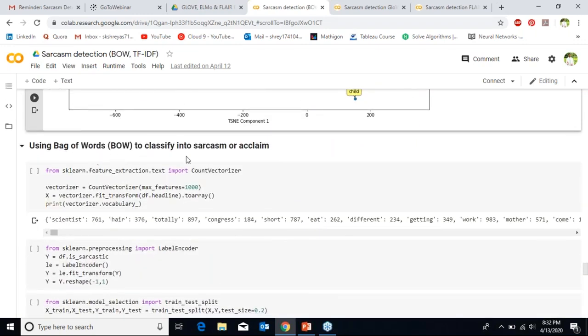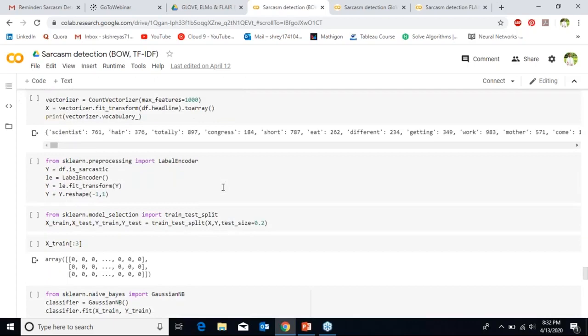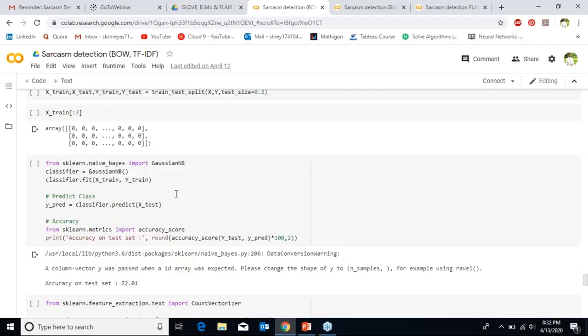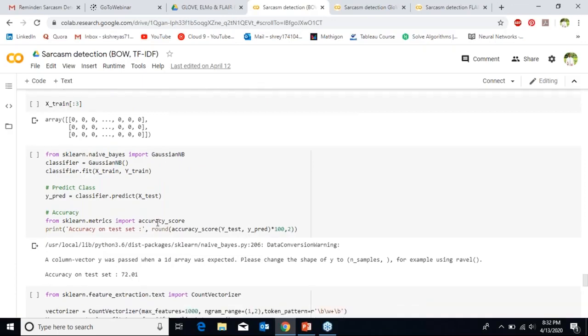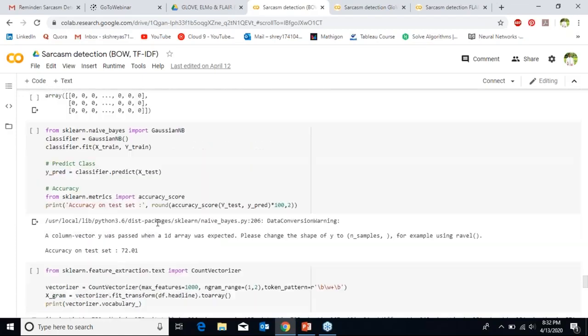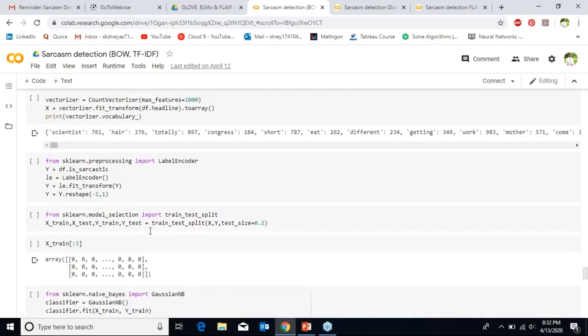When I used the bag of words model to convert the words into vectors, and used a Gaussian naive Bayes, the accuracy on the testing set is 72%. Here bag of words is done for unigram.